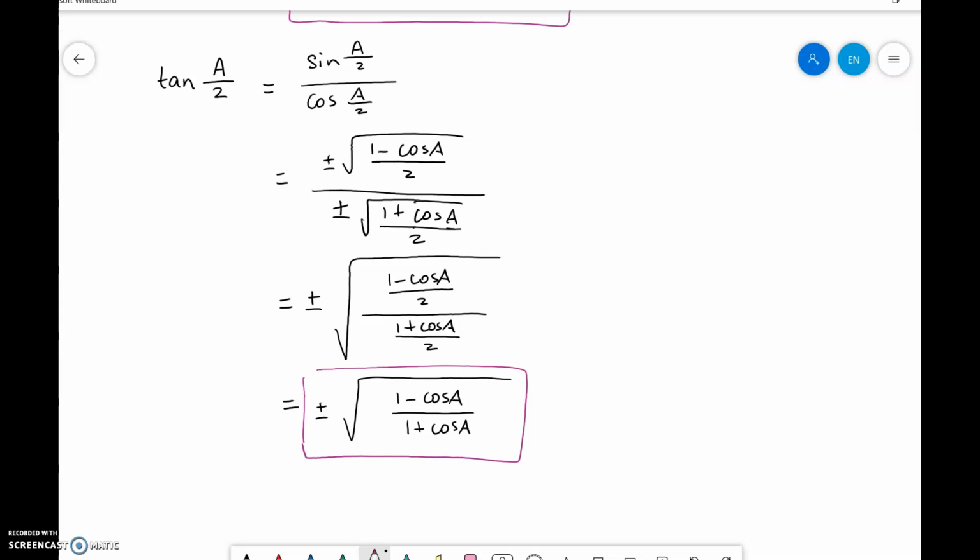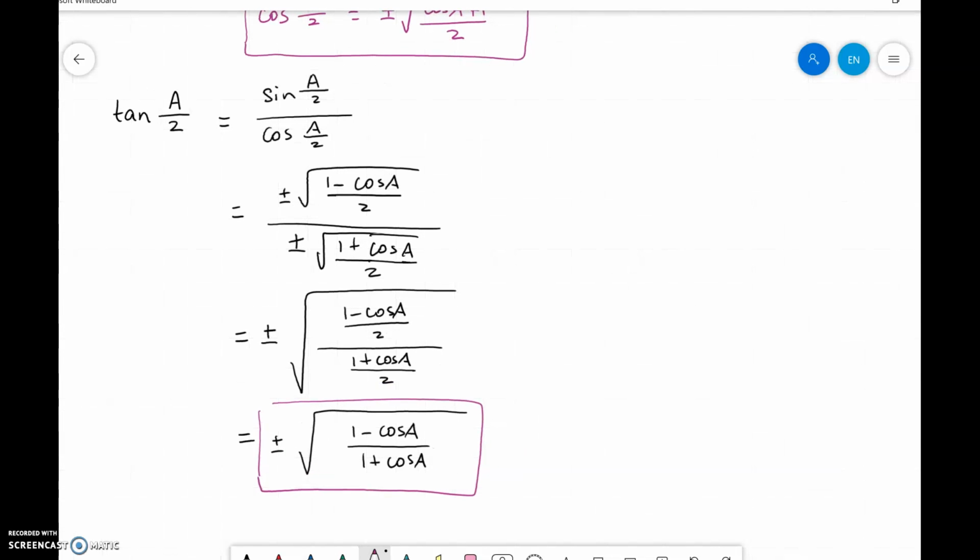However, we can continue changing them or using different ways to figure this out, so we actually have multiple formulas for the half angle for tangent.